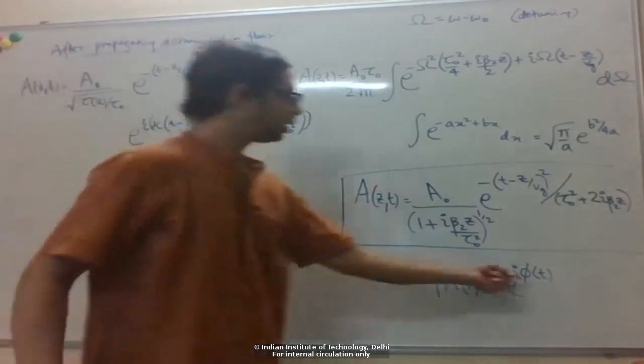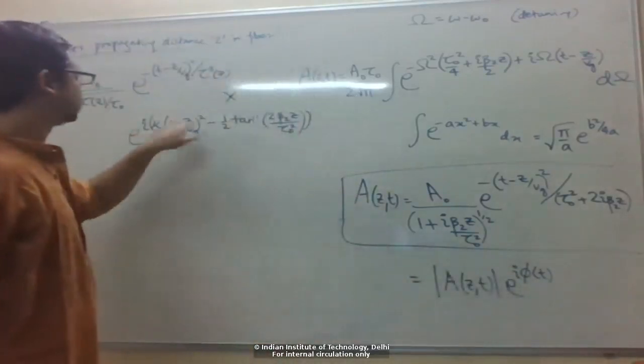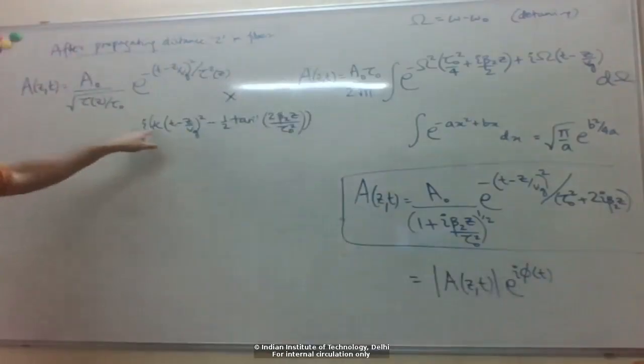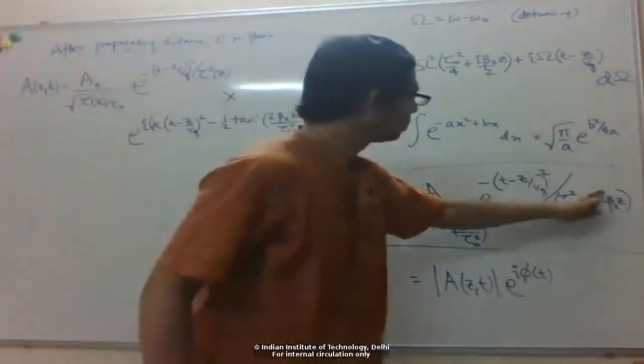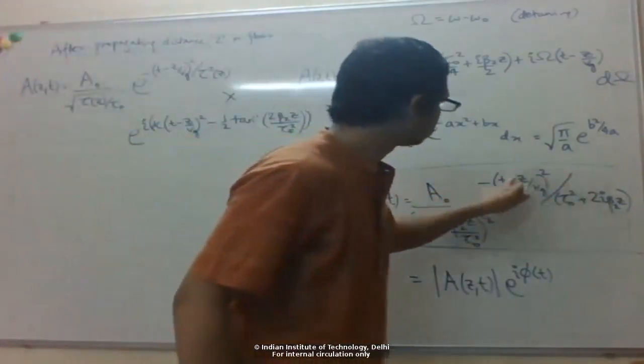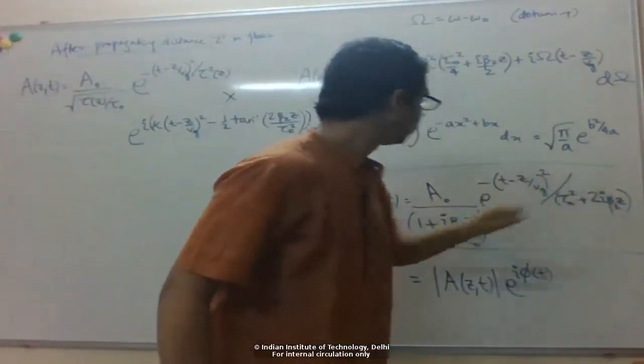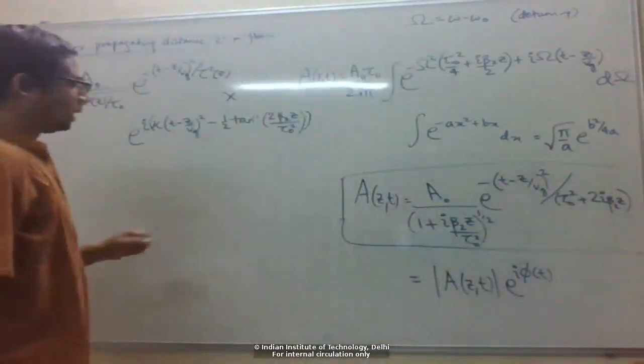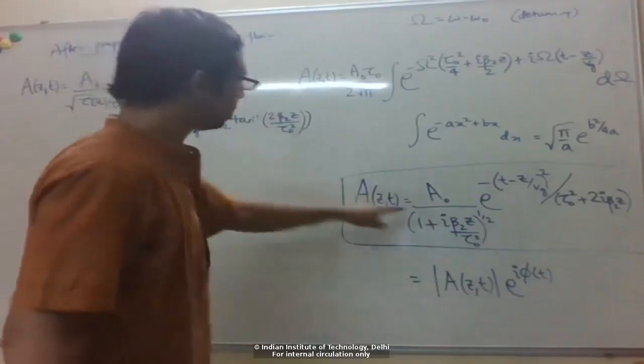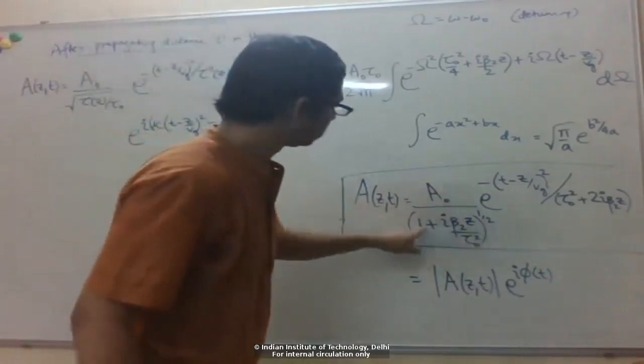Okay, so this phi of t here is this. This first term is coming from taking the imaginary part of that, and the second term is coming from taking the imaginary part of this.